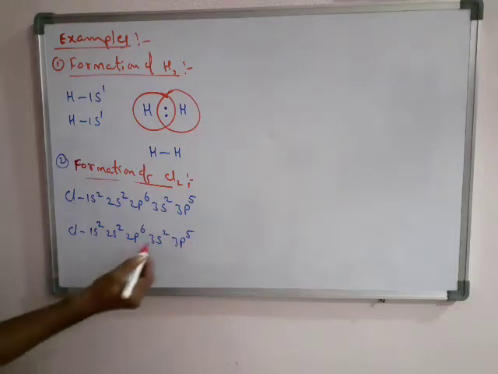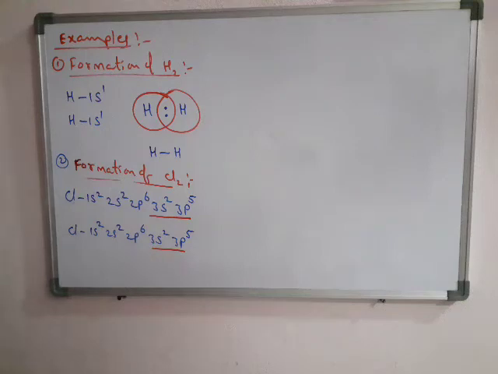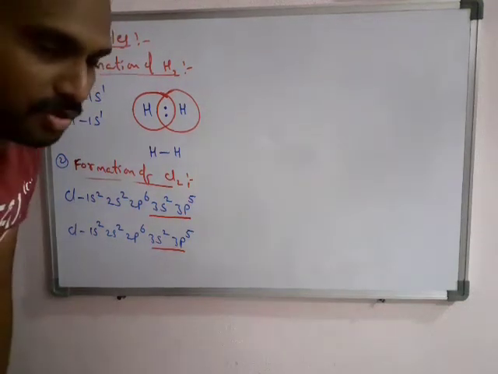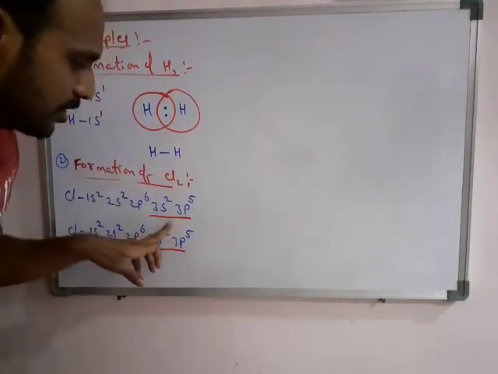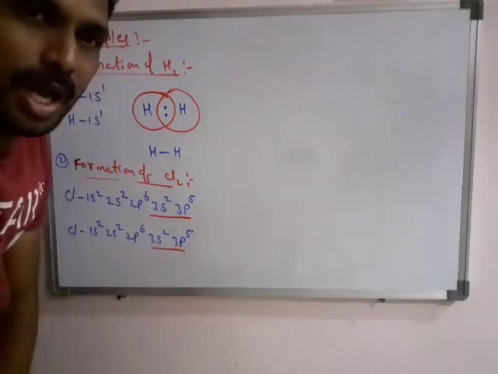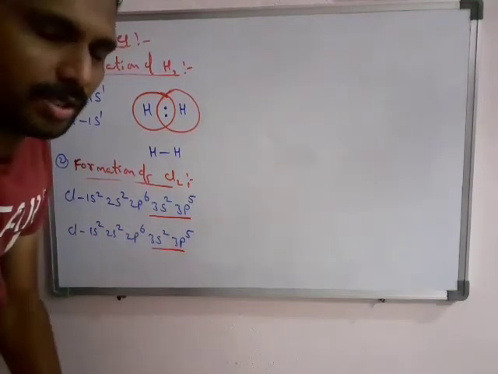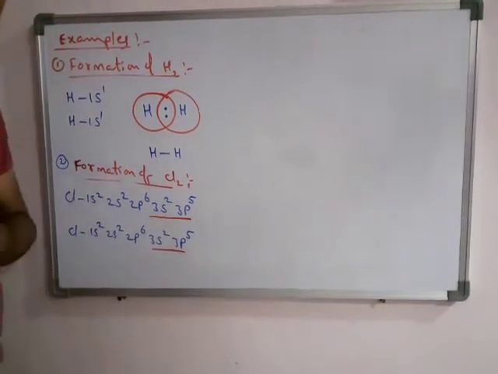Now both are having 7 electrons in their valency. Both need 1 electron to get the octet configuration in the valency, nothing but near argon configuration. To reach argon configuration, both chlorines need 1 electron.